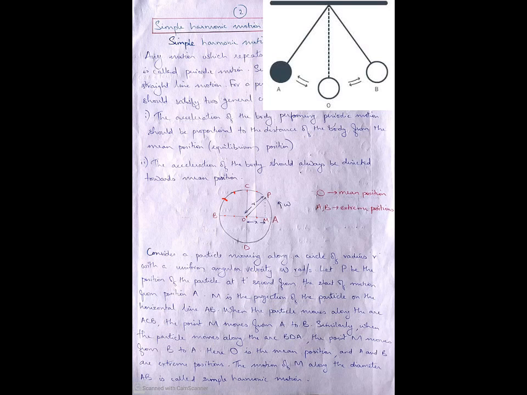So that is what we call simple harmonic motion as a straight line motion. So similar is the case when it moves from B to A as well as from C to D also. All those things are said over here. You can just go through it.